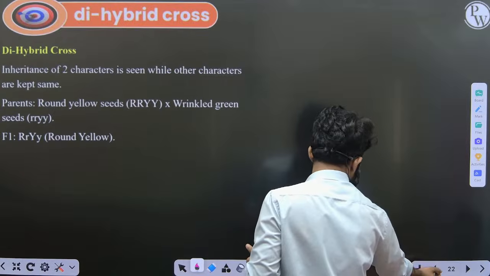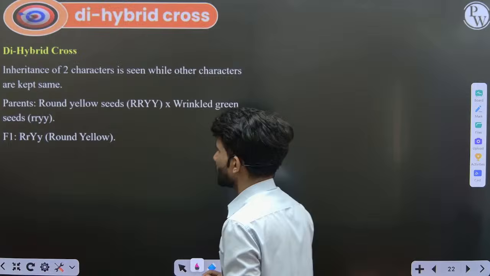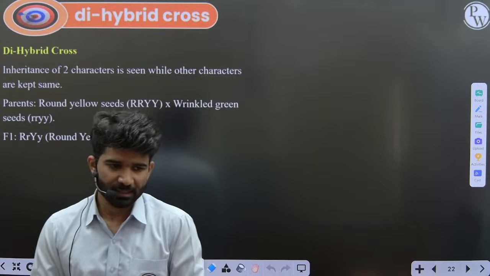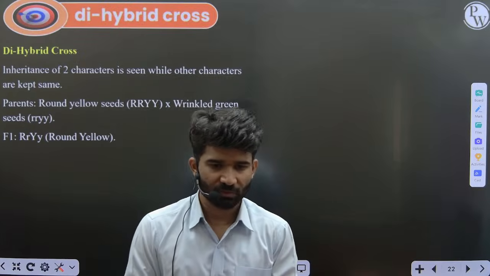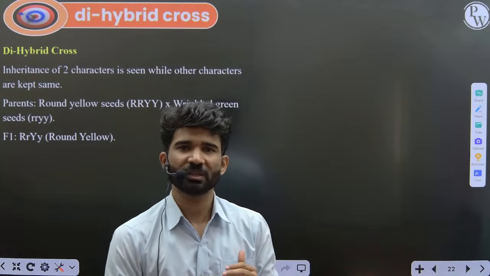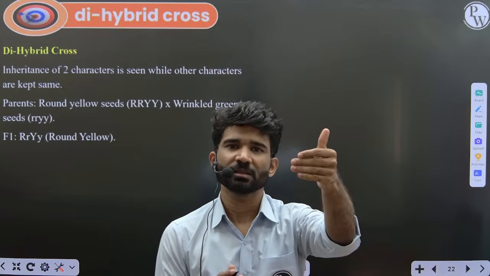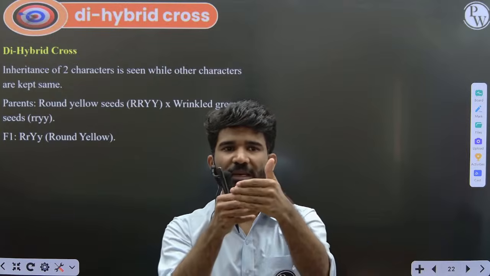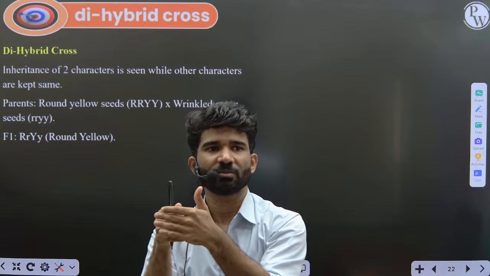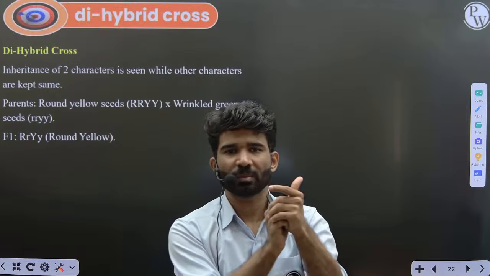The next one is the dihybrid cross. As the name itself says, it is a dihybrid cross. First we recall what a monohybrid cross is. In the monohybrid cross, among the seven characters, six characters were kept the same. Only one character was taken with different possibilities, that is, one plant is tall and one plant is dwarf.